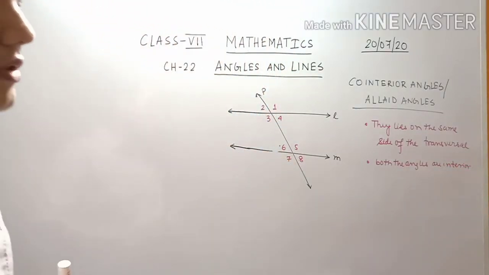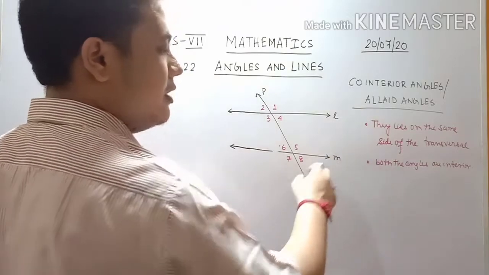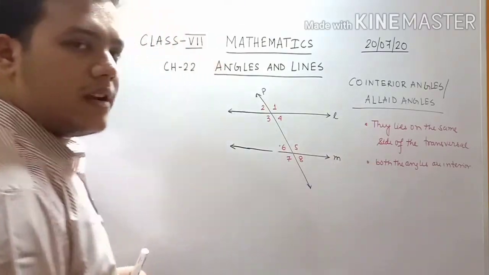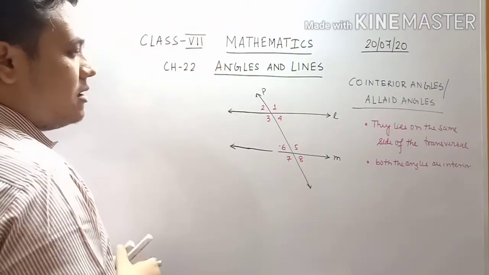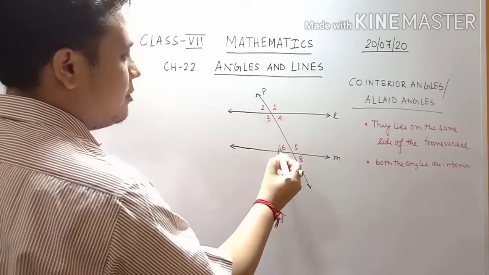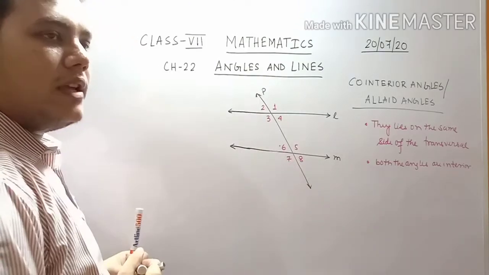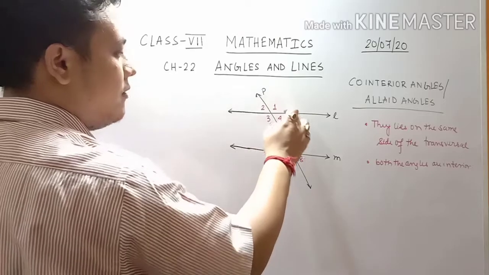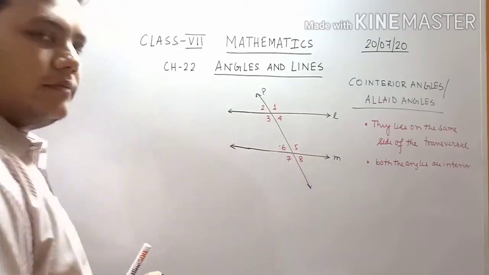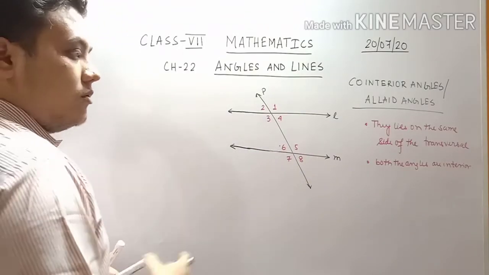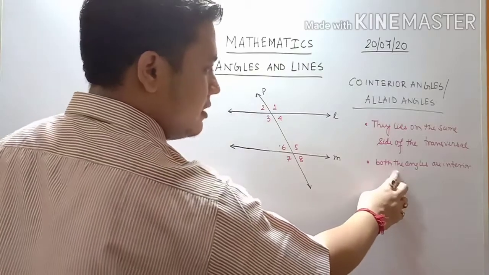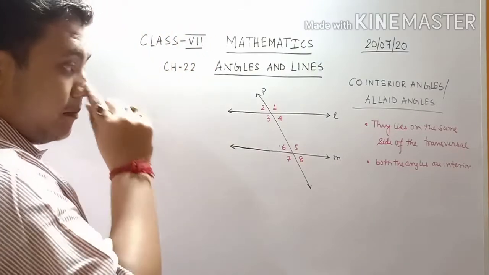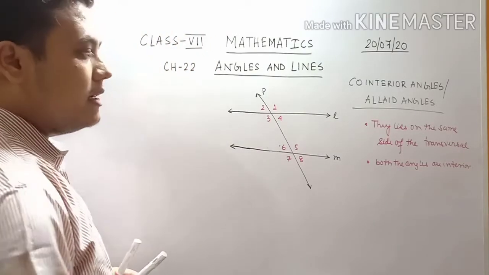Now if you read the first statement of the definition, they lie on the same side of the transversal. If you consider one side of the transversal, suppose the right hand side, how many angles are you getting? 1, 4, 5, 8. Now from the second line, both the angles are interior.